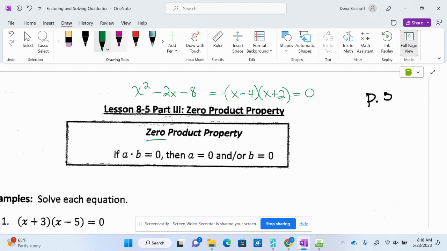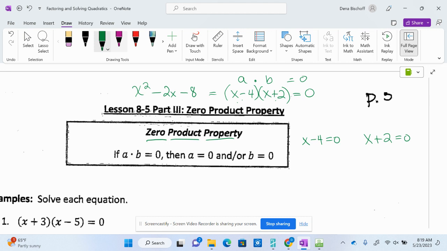Because the zero product property says that if the product of 2 terms equals 0, then one of these has to equal 0. And that means we set it equal to 0. Either x minus 4 is 0 or x plus 2 is 0.